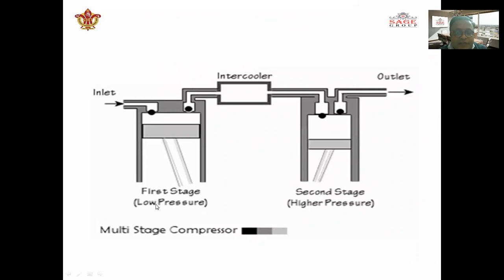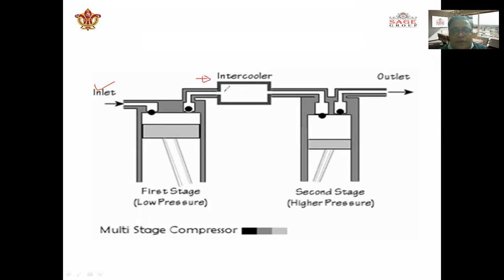First stage is the low pressure cylinder, where the air comes in from the side, as represented. After the air enters through the pressure differential, the low pressure compression takes place, and after discharge from the low pressure compressor, the air goes into the intercooler.